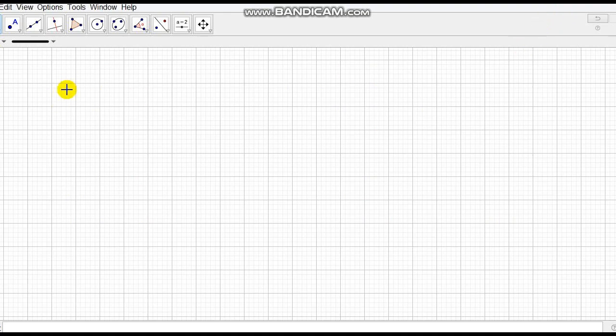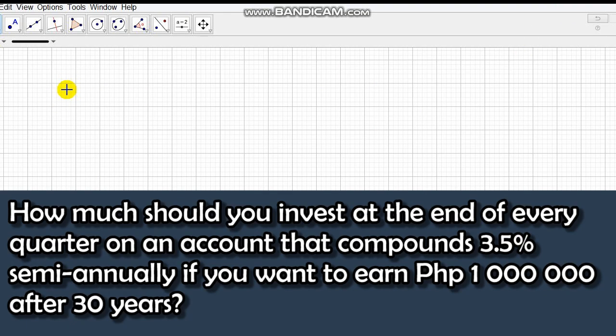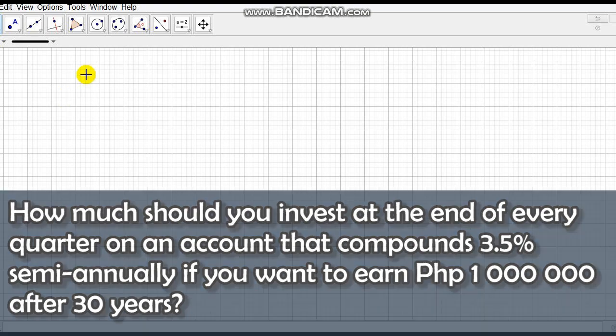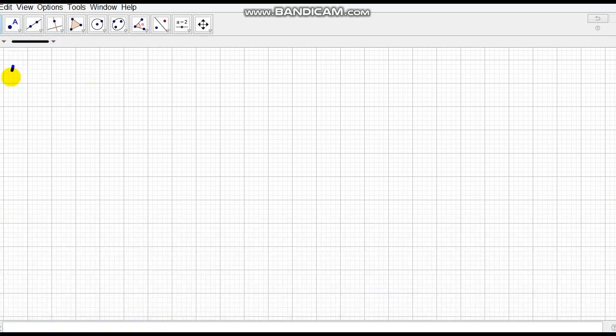Let's have an example. How much should you invest at the end of every quarter on an account that compounds 3.5% semi-annually if you want to earn 1 million pesos after 30 years? So first, let's have the value of n. This is equal to t times k.